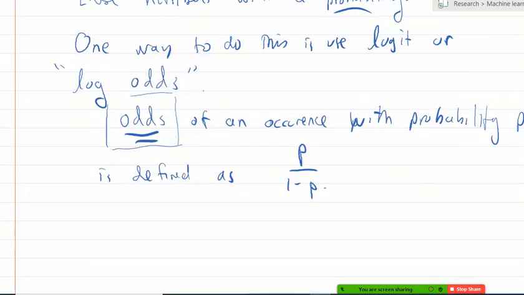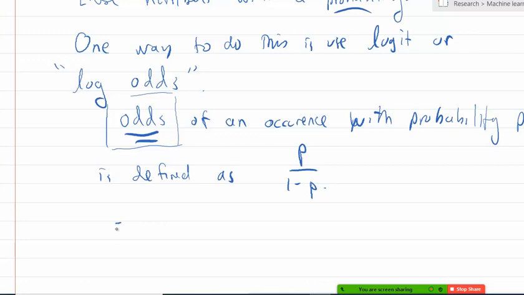Sometimes people will say the odds are 1,000 to 1, and that means that it is very, very likely to happen. So the probability divided by 1 minus the probability is 1,000.